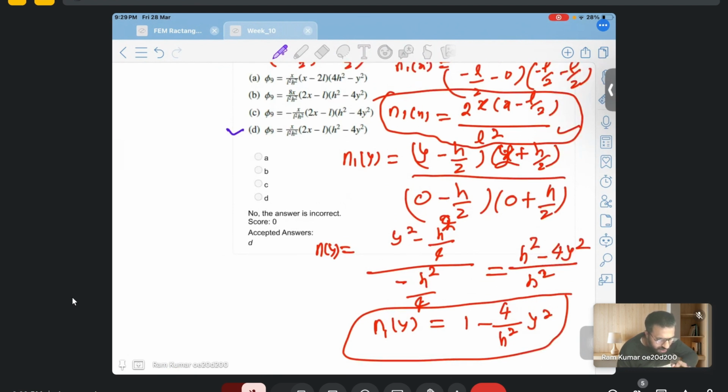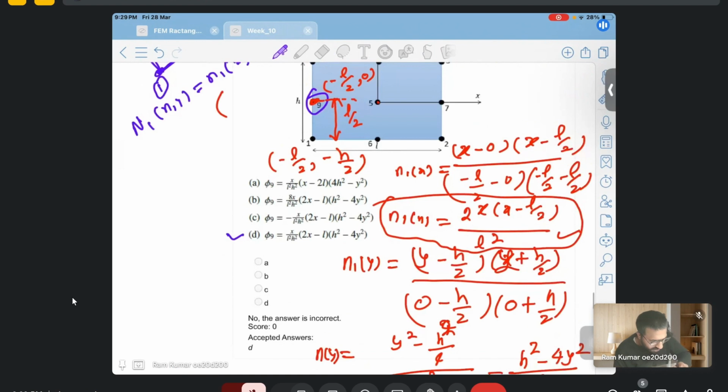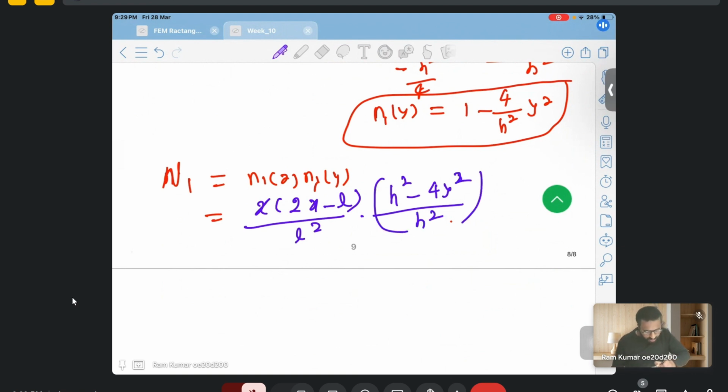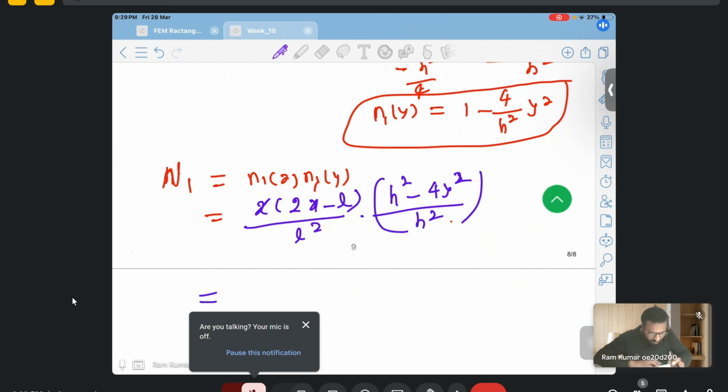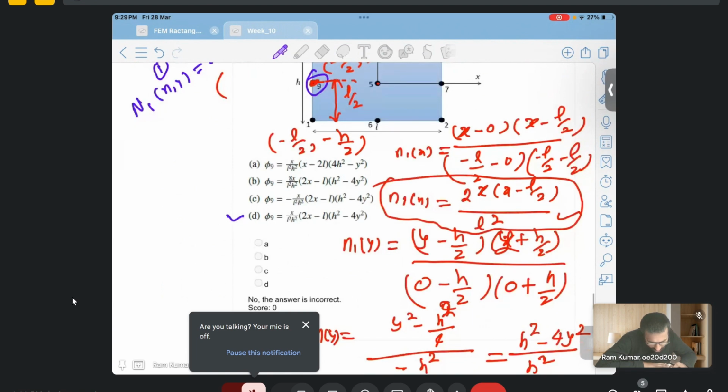It will be x into 2x minus L over L square, and h square minus 4y square over h square. How can we simplify? This is the answer, right? The fourth option, I got this.